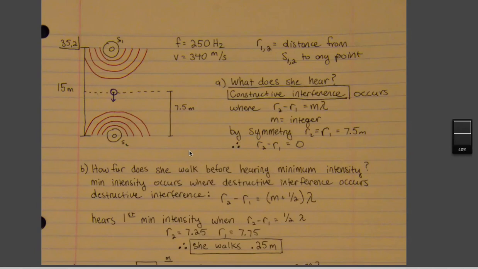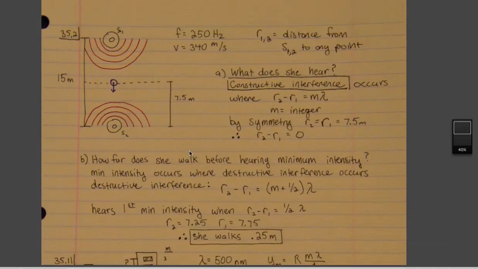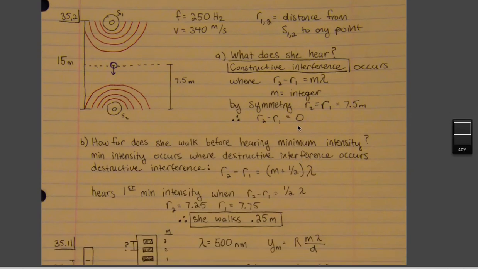All right, so that was easy enough. The next part of the question is, how far does she walk towards one of the speakers before hearing minimum intensity? Minimum intensity occurs where destructive interference occurs. What is destructive interference? Constructive interference is where the difference between the distances from the sources of the waves to a point equals an integer.